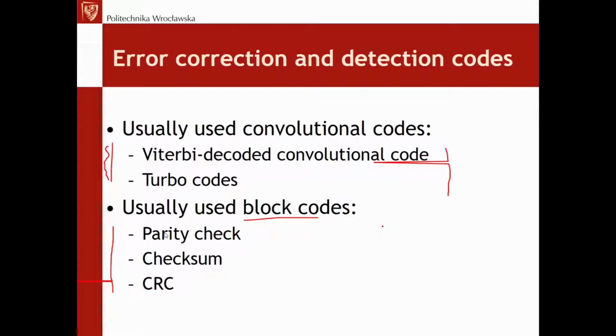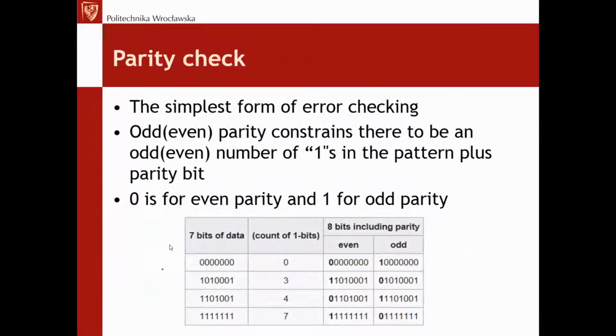While on the IP, TCP and UDP layers, everybody today is using either of those codes, the block codes. Therefore, we'll not talk about convolutional coding, but a few words about simple block coding: parity checking, checksum, and the CRC.